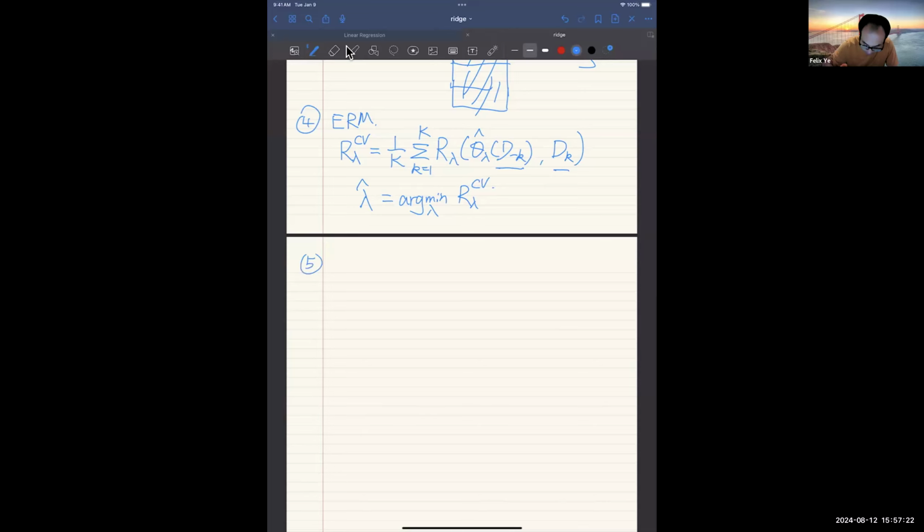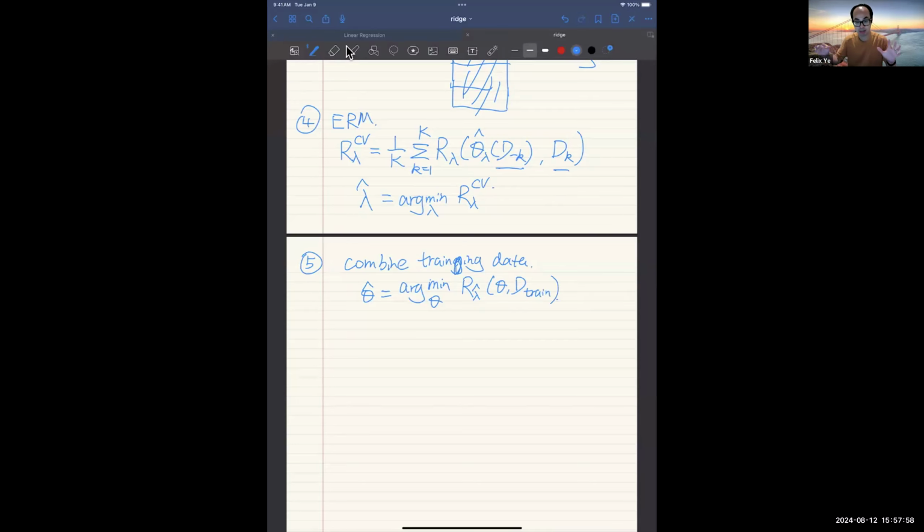At last, we combine all the training data and re-estimate the parameters. We fix our lambda hat, then re-estimate theta hat, which is the argmin over theta of R lambda hat, theta on D train.